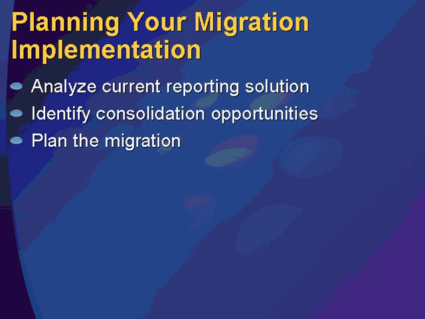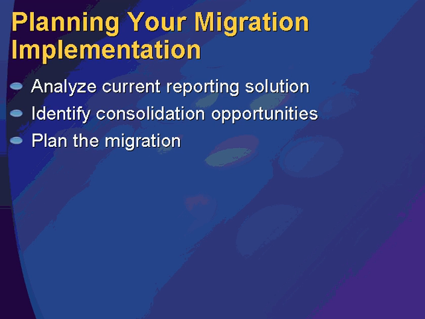So one of the most important things in doing a migration, this is one step that we've seen a lot of initially failed Reporting Services migrations go through, is you need to plan your migration implementation. So don't necessarily look at it as just a short-term technology fix, like we want to get rid of Crystal Reports, we want to implement Reporting Services.